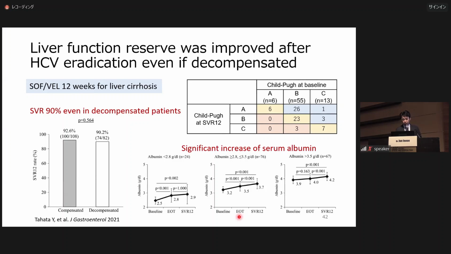Also, this data from Osaka University shows SVR of 90% was obtained even in decompensated patients. After the SVR, the Child-Pugh grade was improved in these patients, and a significant increase of serum albumin was obtained, regardless of the albumin level at baseline.